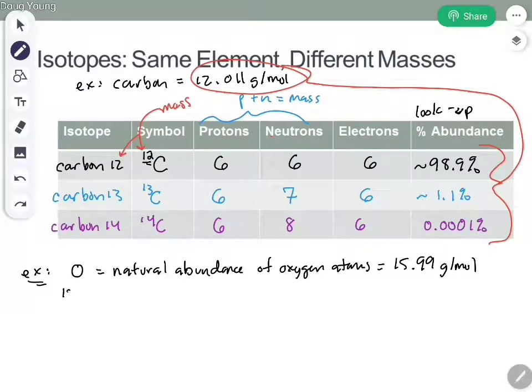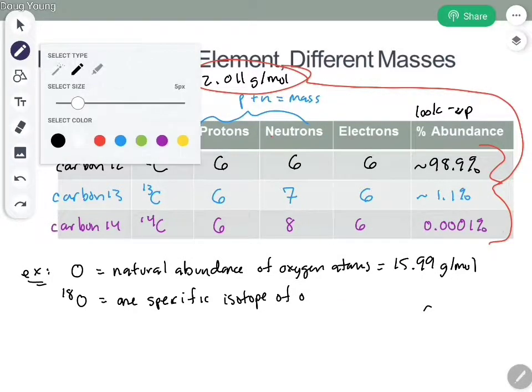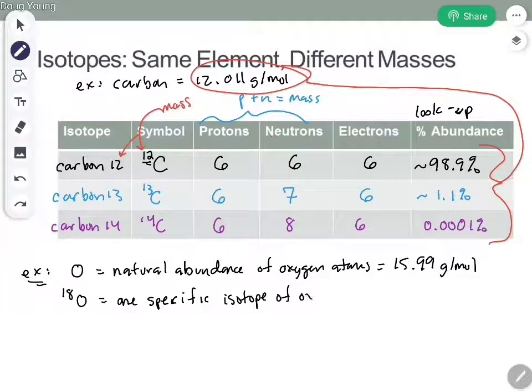But if someone writes 18 in front of that O, now they're talking about one specific isotope of oxygen, namely the one that weighs, sorry, not 12, 18 grams per mole.